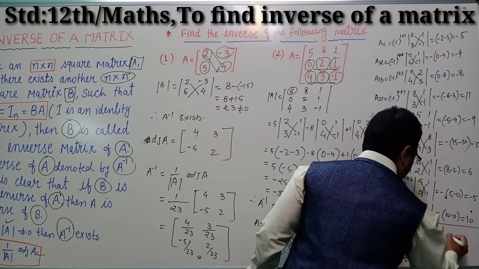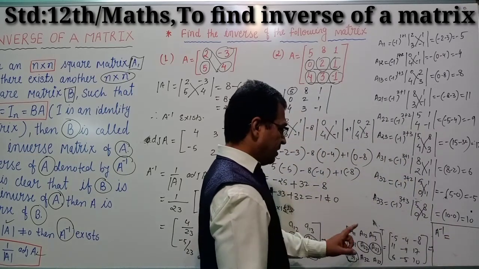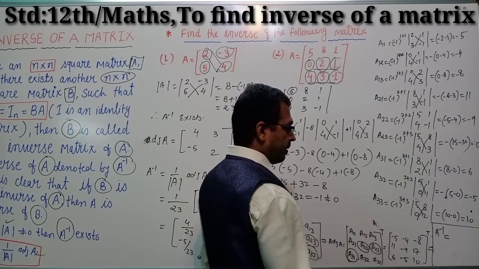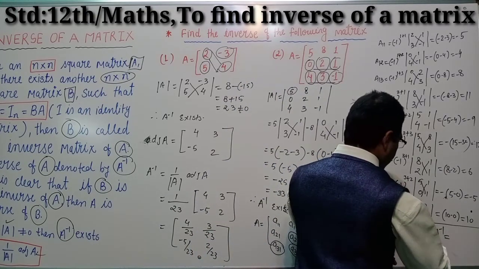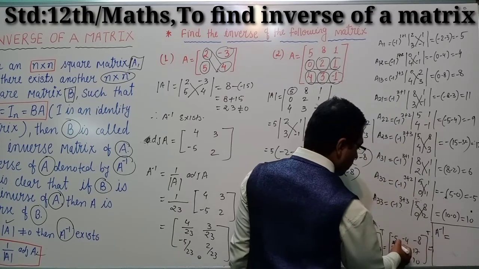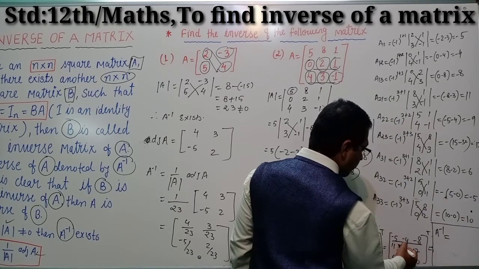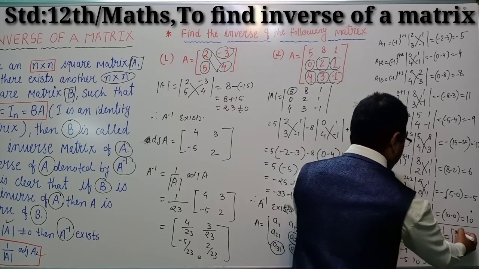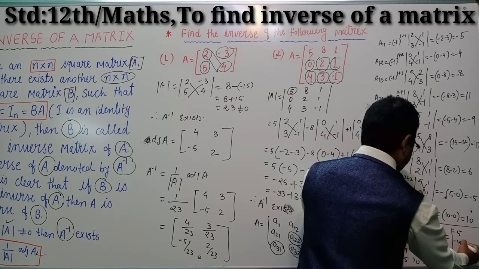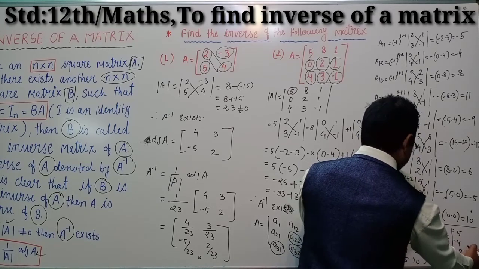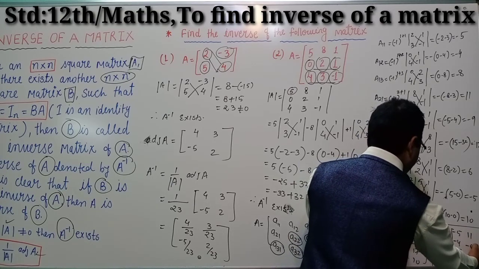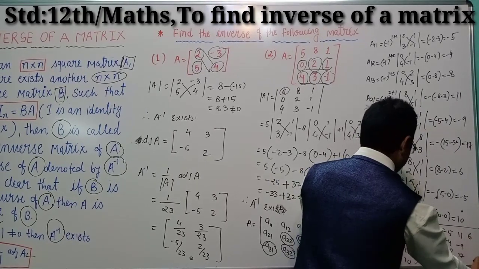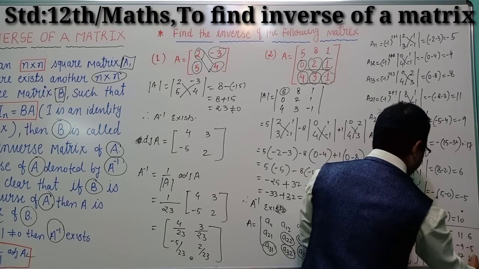So A inverse is equal to, just students, you will have to find out the transpose of this and get the multiplication with minus 1. So first of all row will be converted into column, column will be converted into row. So finally you are getting minus 5, minus 4, minus 8, 11, minus 9, 17, 6, minus 5 and 10.